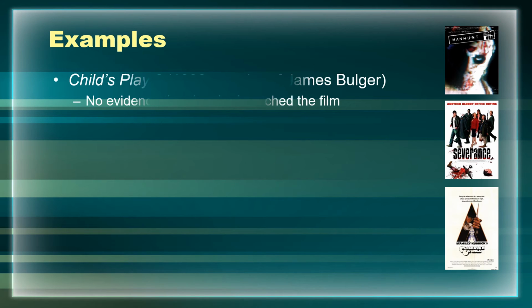So some examples. One that is very famous is the murder of James Bulger. James Bulger was a young boy, a toddler. He was abducted by two teenagers, I think they were 12 at the time, from a shopping centre, and they murdered him.